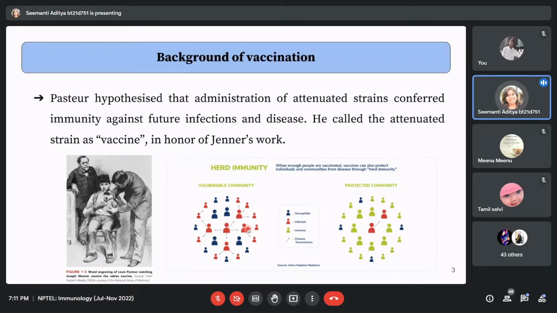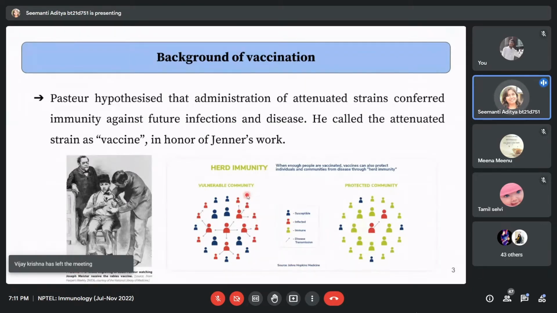But if most of the people are vaccinated, then we can see that there is a buffering system. So there is no direct relation between the disease susceptible person and the infected person. There is a person standing in between them, so this actually reduces the chances of infection to a great level.